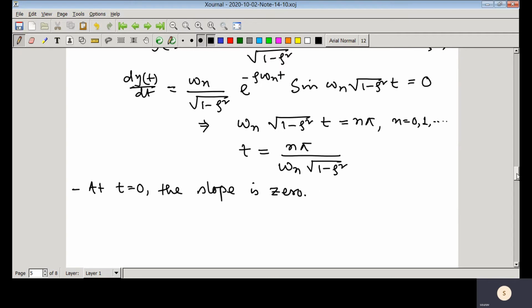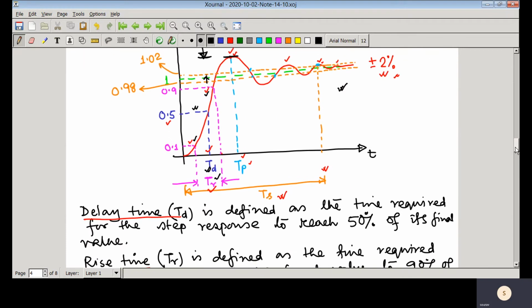If you look at the time response here, you can see that the response is starting like this, flat. But if you see the first order response, you can see that it is starting like that. The reason is, this is the second order system, and this is the first order system.